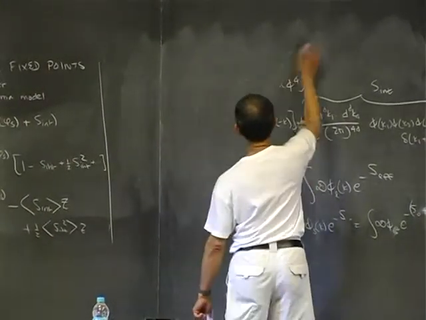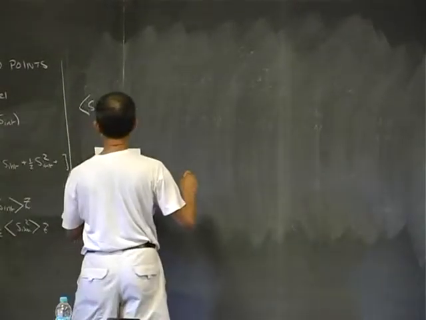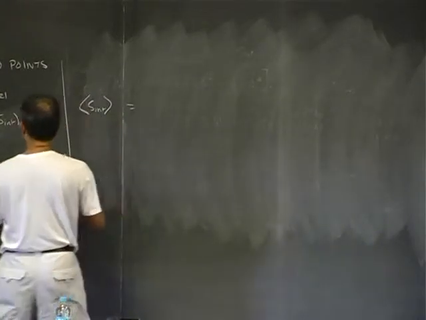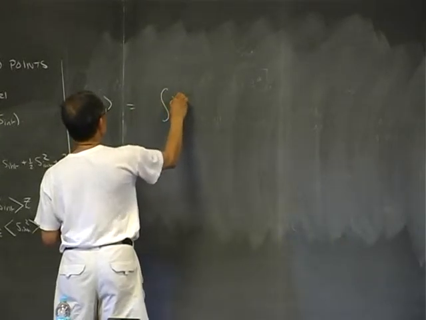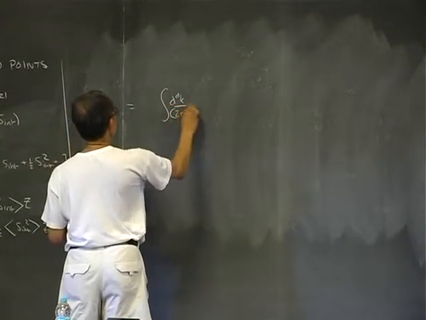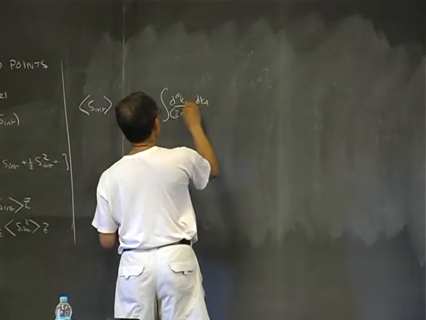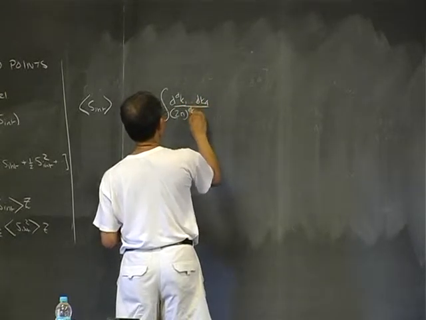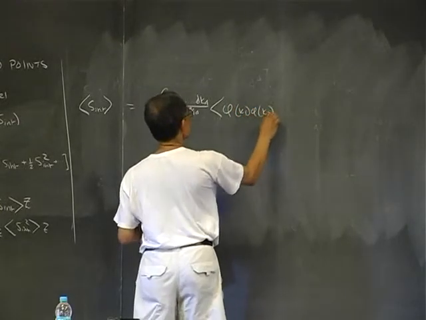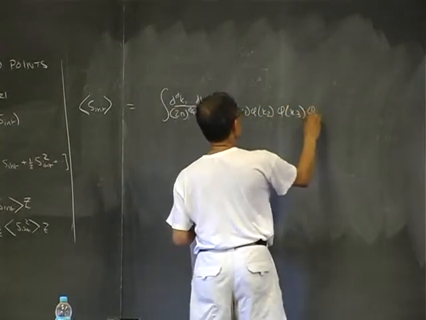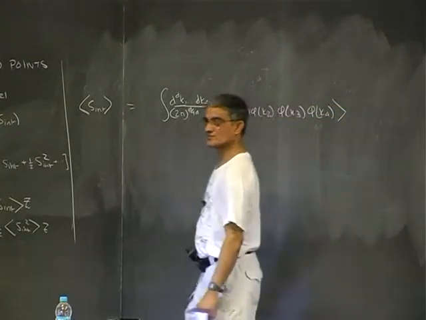This calculation is very non-trivial. The interaction is given by an integral over k1 to k4.